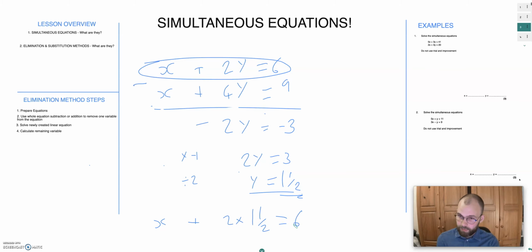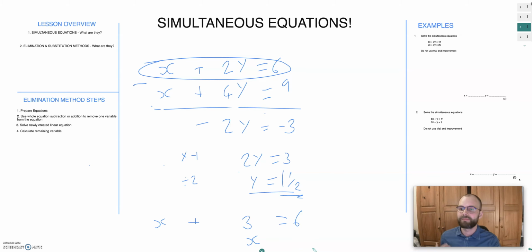Can you see how I've substituted that back in? So that becomes x plus 3 equals 6, which becomes x equals 3. And that is your answer. y equals 1 and a half and x equals 3.